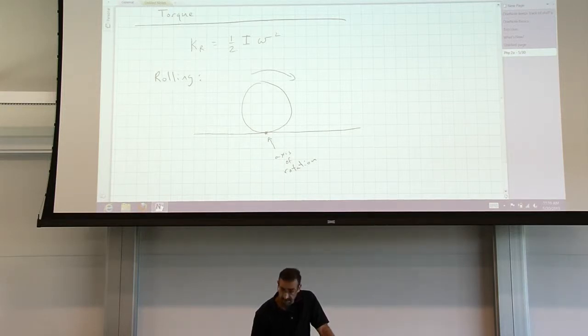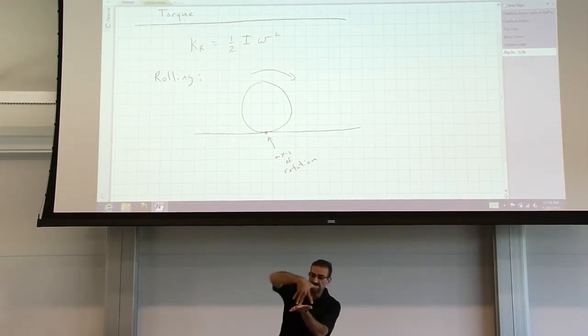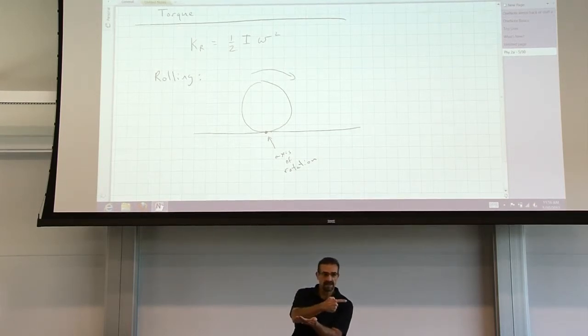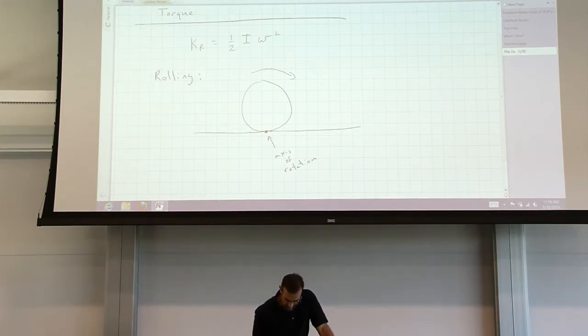If you were on the rim there, at the bottom point, you wouldn't be moving at all, right? That's the axis of rotation. The wheel is pivoting on the point that's touching the ground. So if you were on the rim at that point, you wouldn't be moving forward at all. So the velocity in the forward direction of a point on the rim right there is 0.